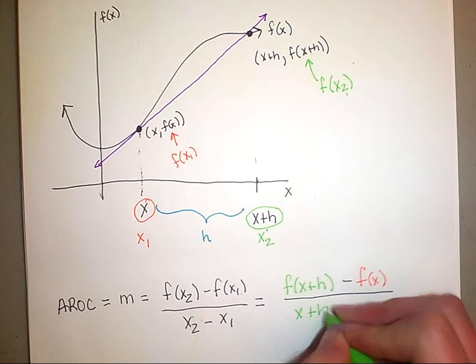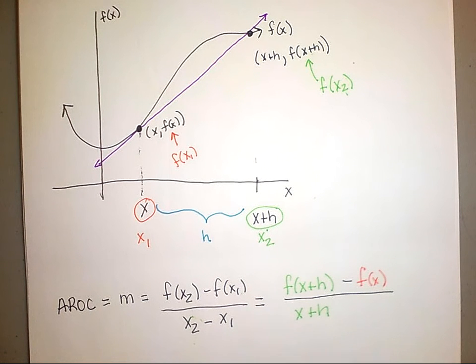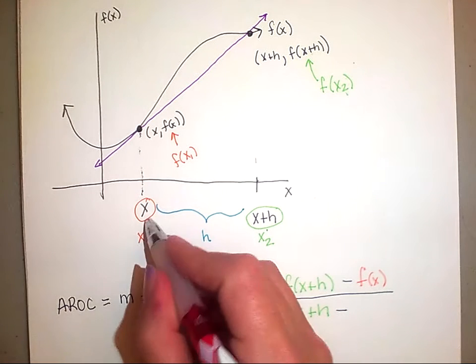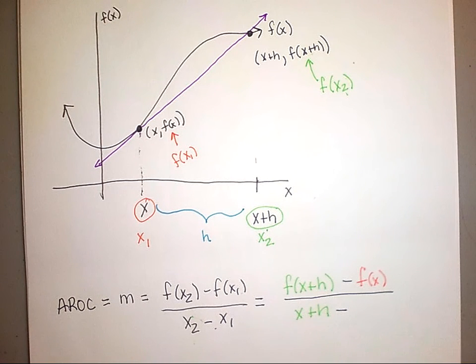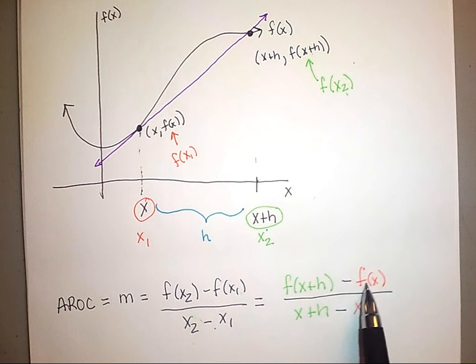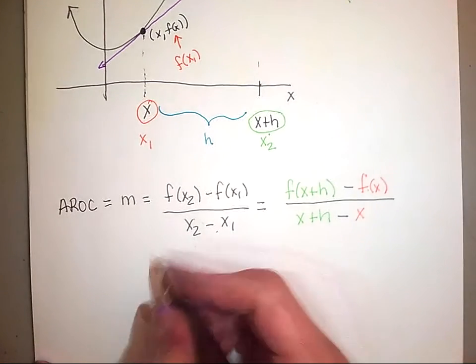F of x1 is just f of x. Then we can divide by x2, which is x plus h, and then we'll subtract off x1, which is just x.